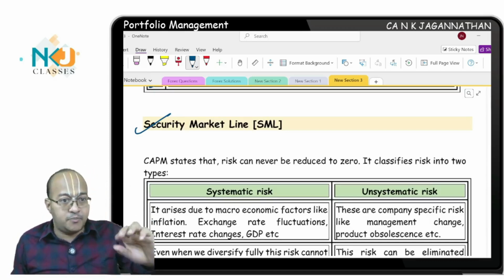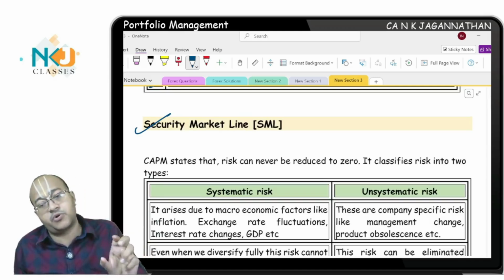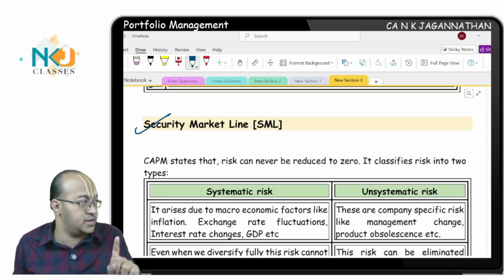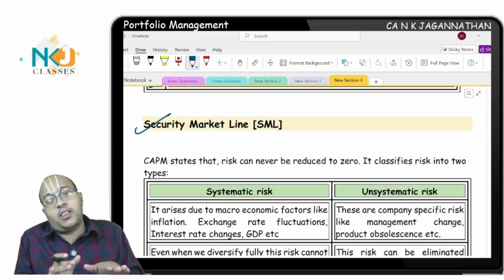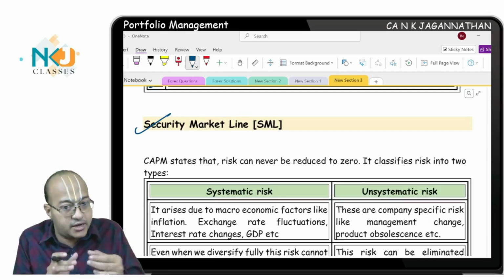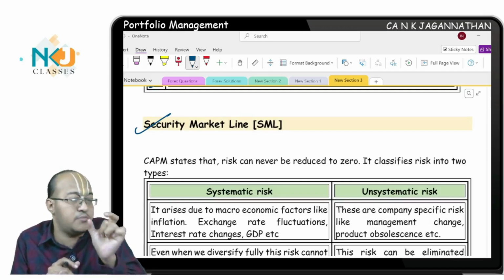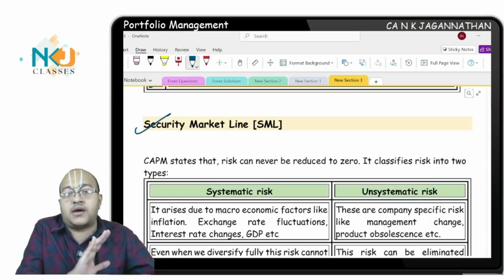Which means in the previous model we saw that the R minus RF was attributable to the entire portfolio risk. Here he says, even though the total risk of a security can be segregated into systematic and unsystematic, the premium which you are asking now, RM minus RF, that market risk premium, can only be asked with regards to the systematic risk and not unsystematic risk.